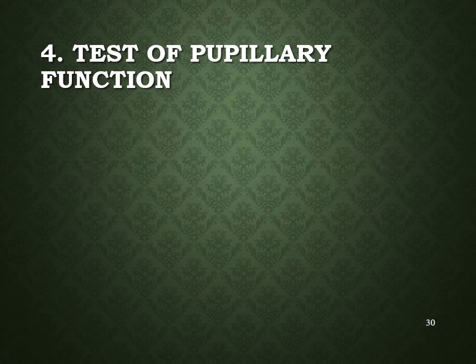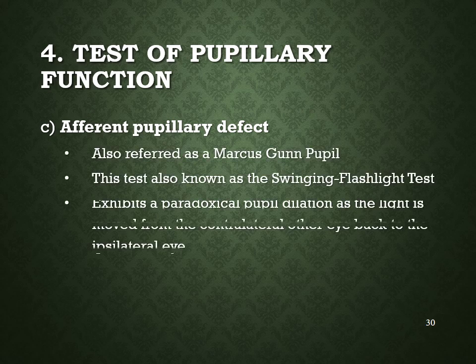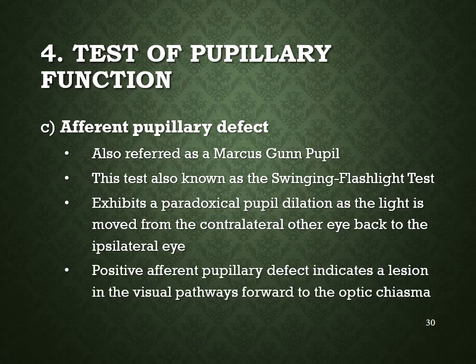The afferent pupillary defect is also referred to as Marcus Gunn pupil. This test, also known as the swinging flashlight test, exhibits a paradoxical pupil dilation as the light is moved from the contralateral eye back to the ipsilateral eye.